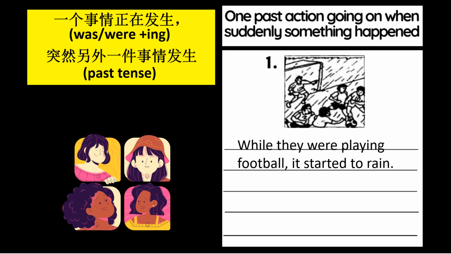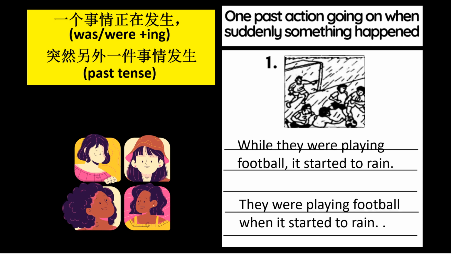Now sometimes you can also write this sentence in this way. They were playing football when it started to rain. 总之正在的就是要 were playing. When 不可以用 while. When it started to rain. So the action which suddenly happened is past tense. Okay, so write the sentence, understand it before we move on to number 2.